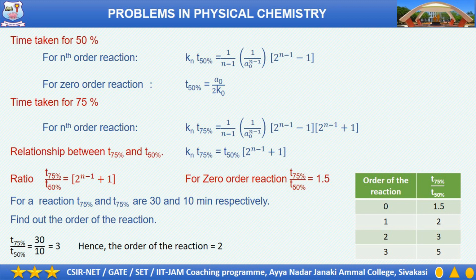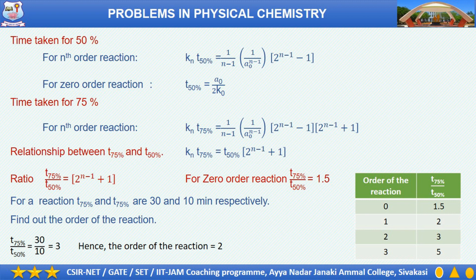Only these two types of problems can be asked, because A naught is a constant, T 50% is a variable and K naught is a constant. Therefore, if A naught and T 50% are given, K naught may be asked, or if A naught and K naught are given, T 50% may be asked. Therefore, only direct problems can be given in this.